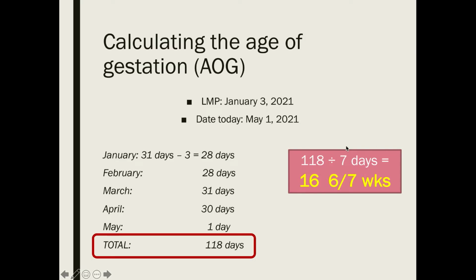Because 1 week is composed of 7 days. 118 divided by 7 will be 16 weeks and 6 days, or 16 and 6/7 weeks. Be careful: do not report the AOG as a number with decimal places. That's wrong. When you report AOG, it should be a whole number and a fraction, not decimals. So 118 divided by 7 is 16 and 6/7 weeks.